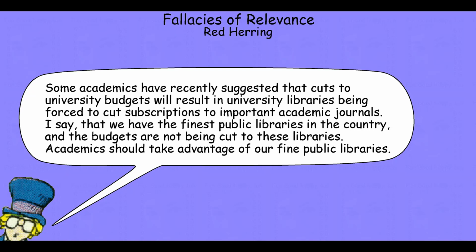The state funds university libraries for an entirely different purpose, and hence when the governor shifts subtly the topic from university libraries to public libraries, maybe the average person in the general public doesn't notice that shift. But that shift is crucial because now the governor is talking about something that is totally irrelevant to the topic of whether or not the university libraries are being undermined by those budget cuts.